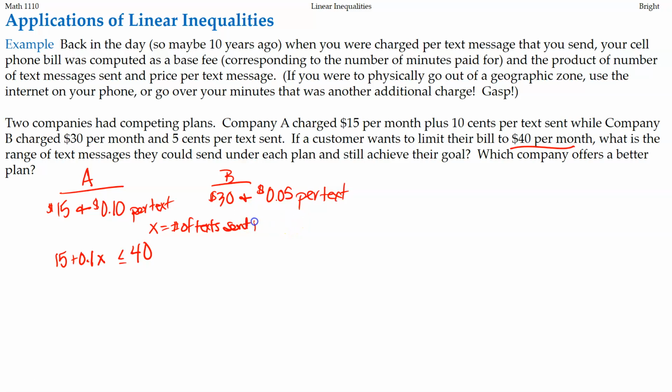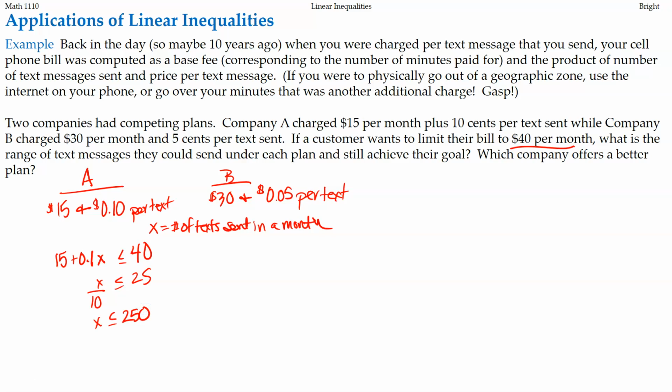So 15 plus 0.10x is less than or equal to 40. Subtract 15, you get 0.10x is less than or equal to 25. I'm not a big fan of decimals, so I would rather write this as x over 10, for one tenth. Multiply by 10, and x has to be less than or equal to 250.